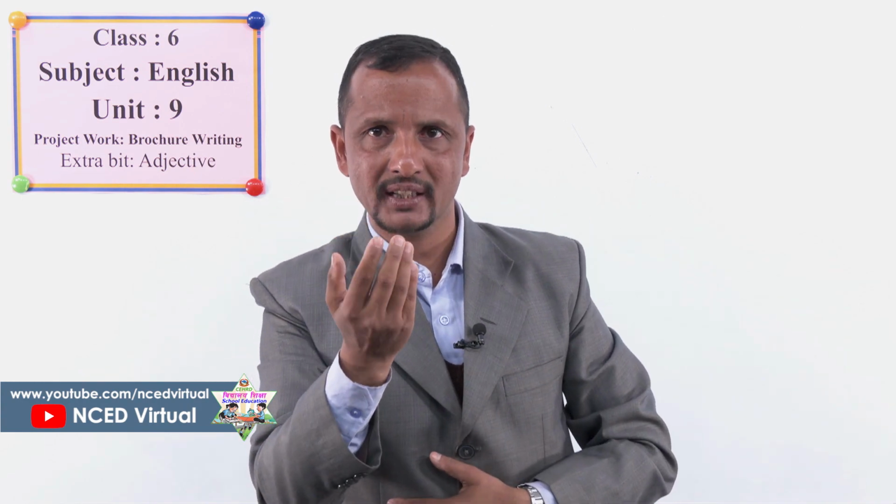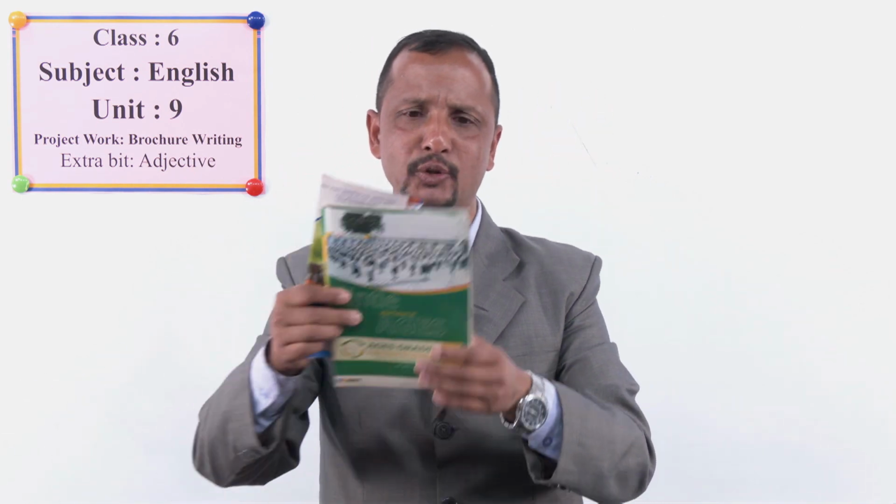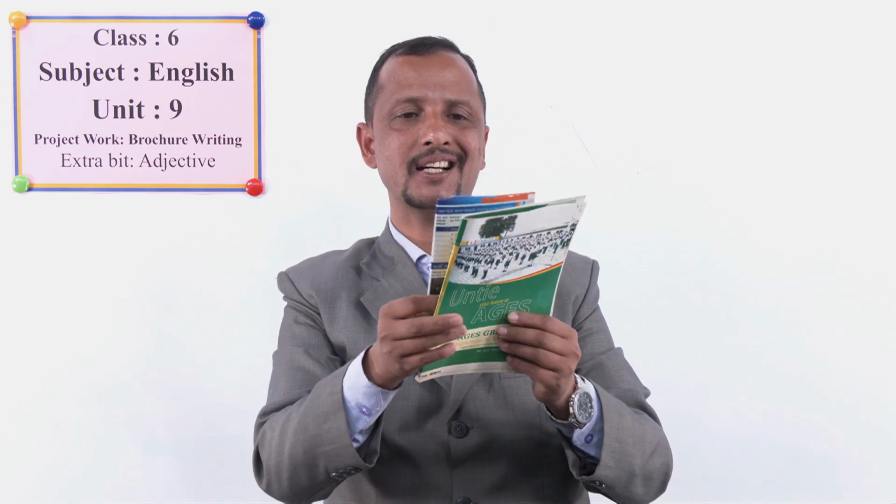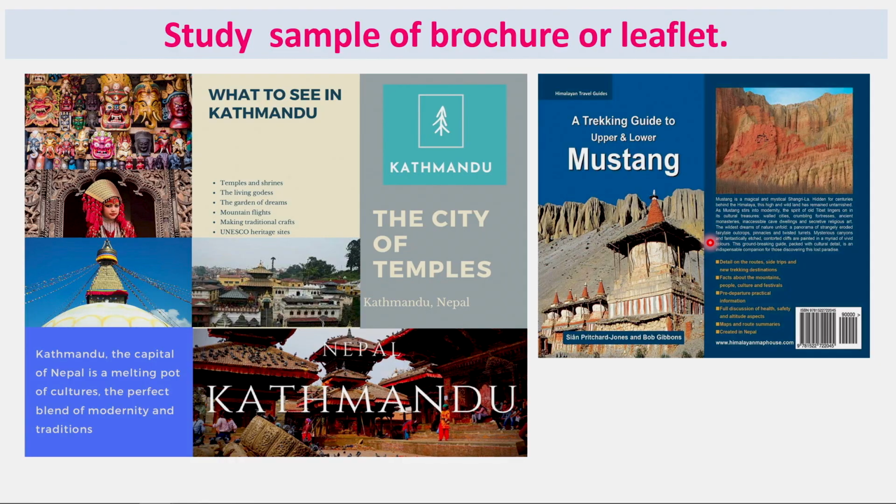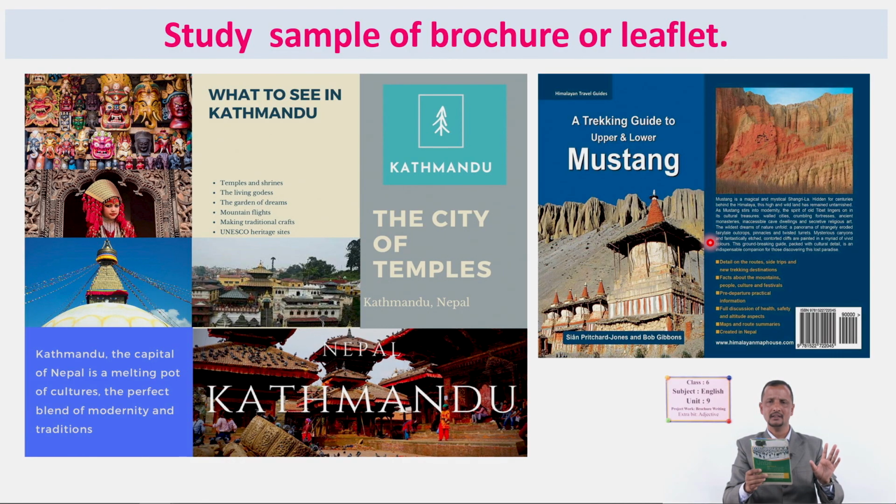By looking at this, we can get information regarding Kathmandu and Mustang. So any place, historical place, cultural place, no matter, the main objective is to give information regarding a particular place, object, and so on.